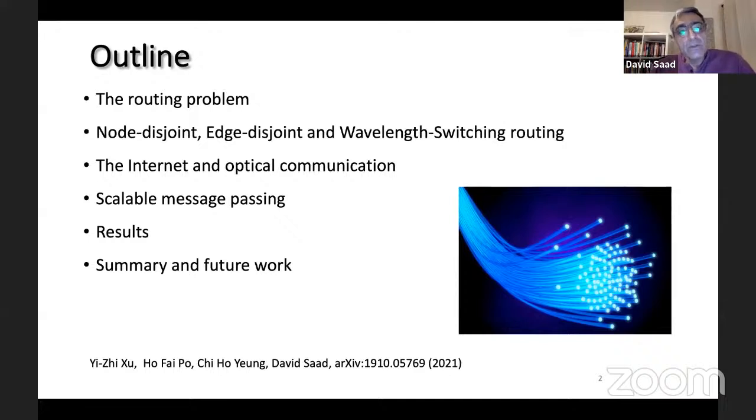And we are going to introduce a scalable message passing method for routing in all these three scenarios. I'll show some results and summarize and point to future work. All of this work is on arXiv, as you can see at the bottom of the slide.